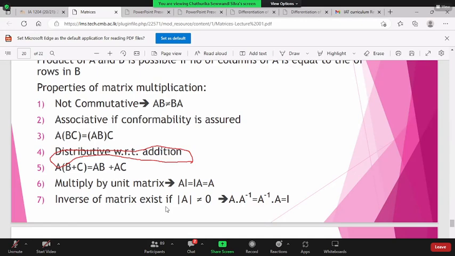So can you explain why? Anyone? Can you explain why the determinant should not be equal to 0 for the existence of an inverse of a given matrix?